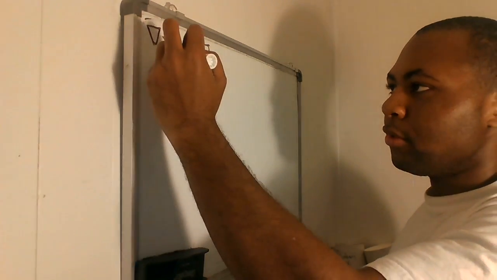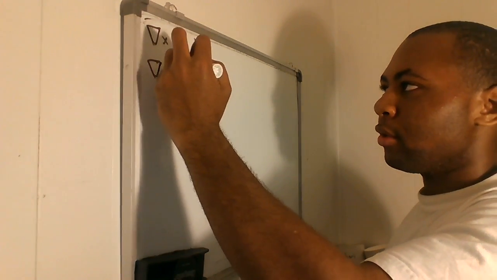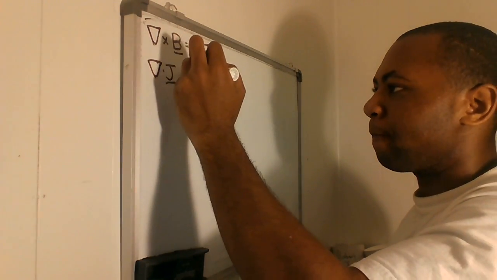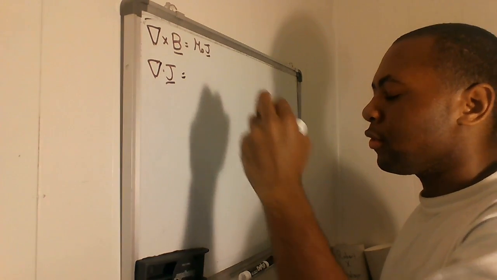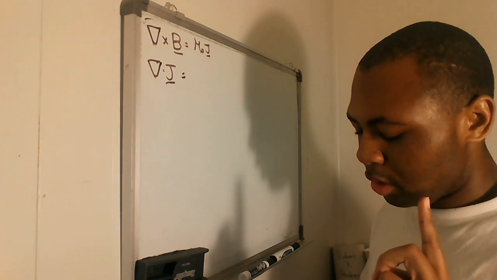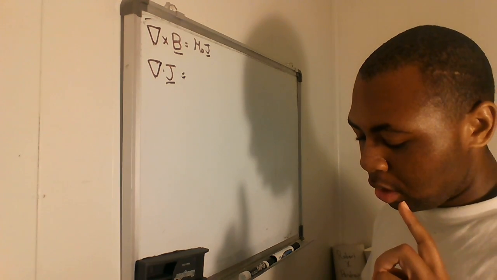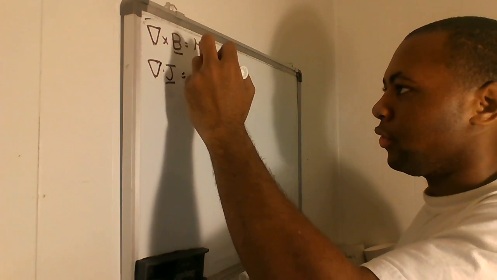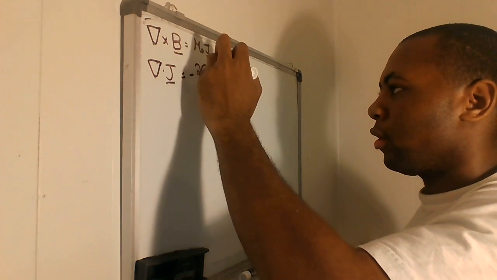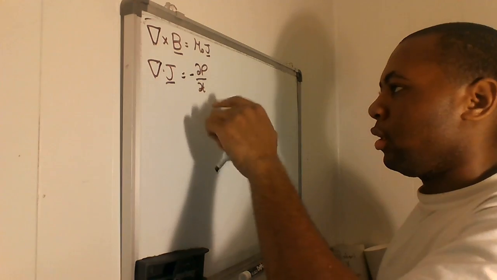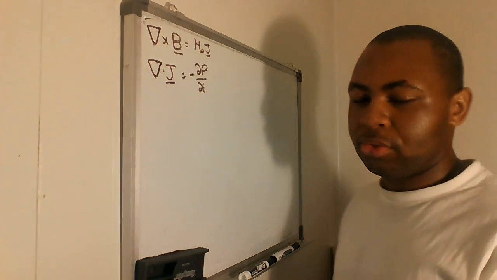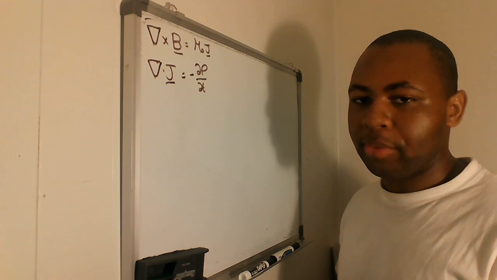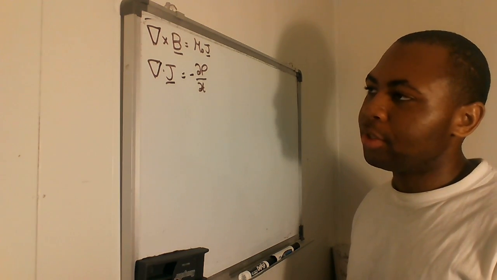And what that is, the divergence of the current is, make sure that I got this right, because I always screw up equations like this. Divergence of the current is the change in the charge density, the time derivative of the charge density.